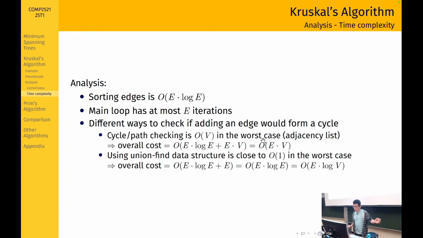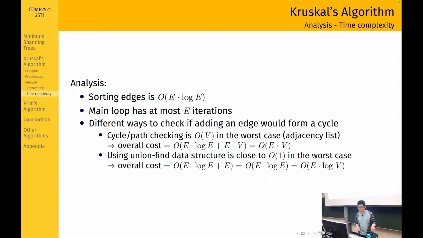So in the BFS and DFS lecture, we said that the time complexity of a BFS or DFS was big O of V plus E, right? That was the time complexity. Now here, the time complexity actually gets simplified to big O of V, okay?